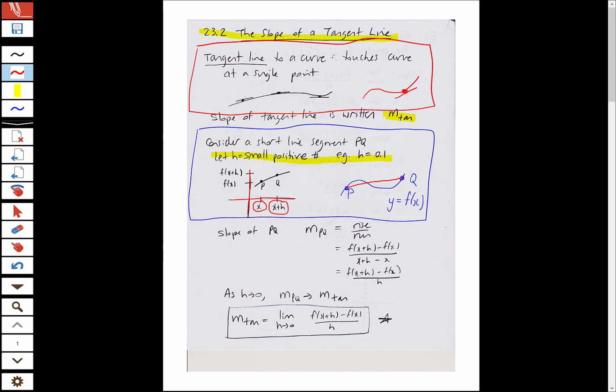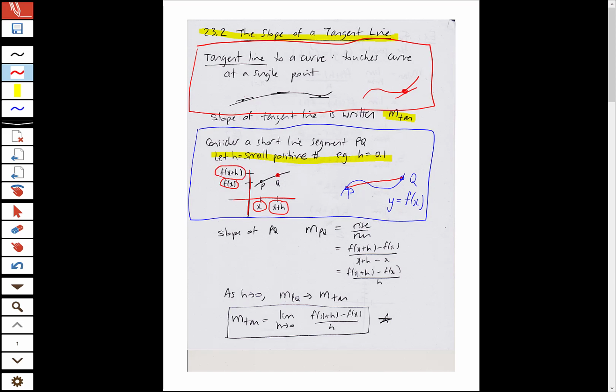Then to figure out the y coordinates of these points, we would look back at our curve, which has the formula y equals f of x. So a point that has an x value of x is going to have y value f of x. And a point like Q that has an x value of x plus h, its y value is going to be f of x plus h.